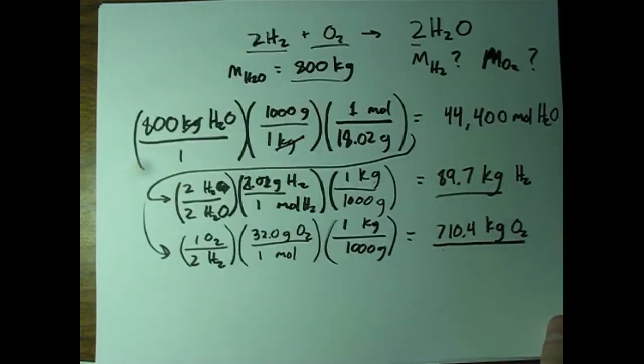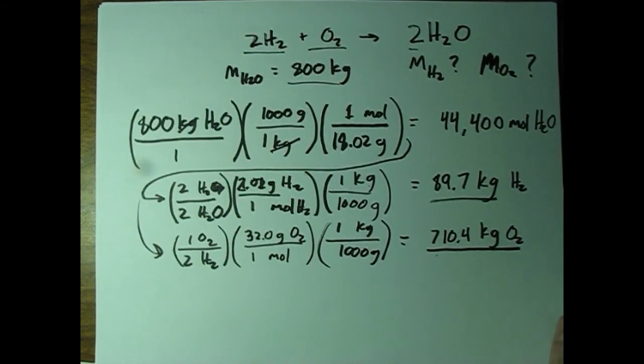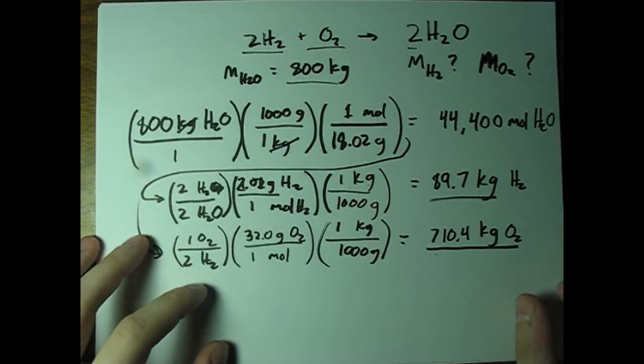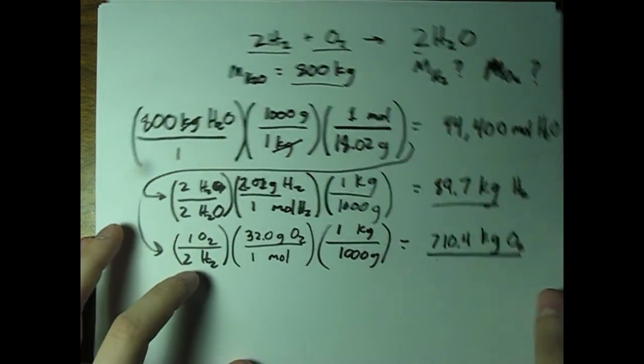So there was just a nice little example. I was going to have us convert it into volume so we can know how big to make the fuel tanks, but I didn't want to look up the density for hydrogen and oxygen. Anyway, that's all I have for the chemistry. In a moment we'll move on to thermodynamics.